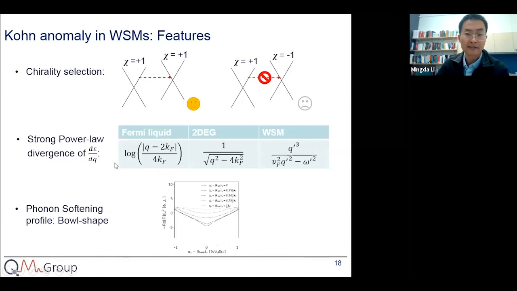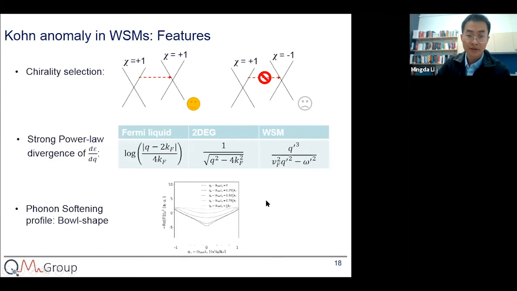The second is that in some materials, like a conventional metal, the divergence is logarithmic. In some two-dimensional electron gases, like graphene, there's also a Kohn anomaly, but with a 1 over square root divergence. And in the Weyl semimetal, the derivation shows a strong, power law divergence.